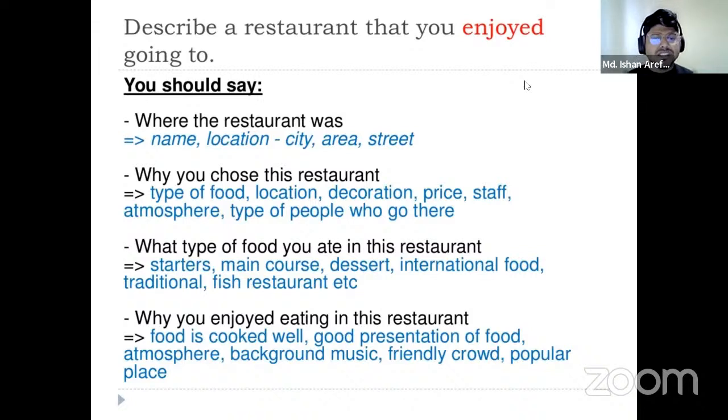Why did you enjoy eating in this restaurant? The food is cooked well, good presentation of food, atmosphere, background music, friendly crowd, popular place. You can pick and choose any of these topics for answering this question.